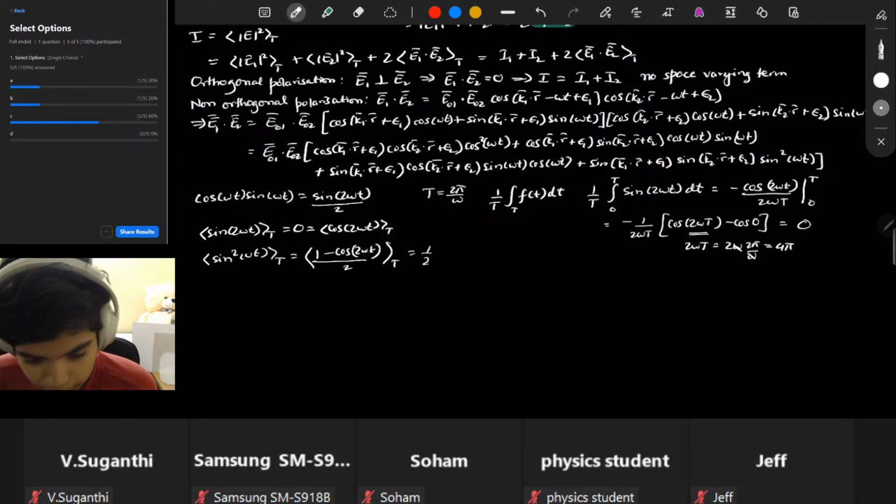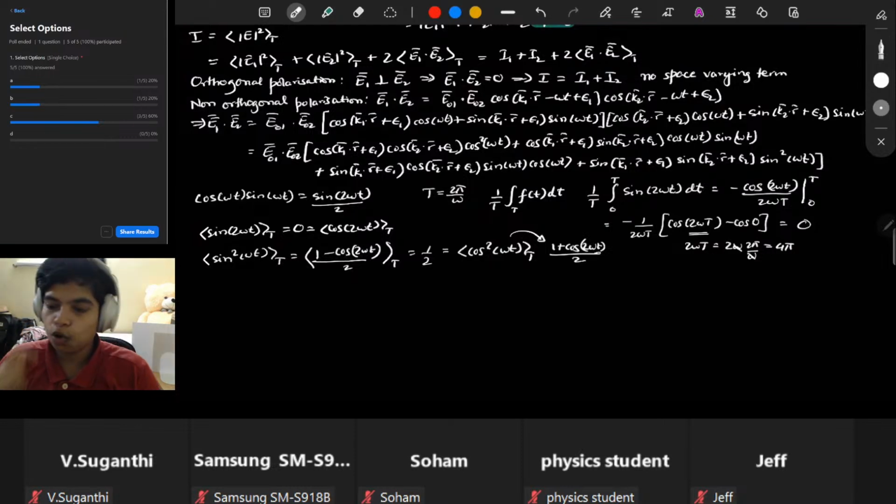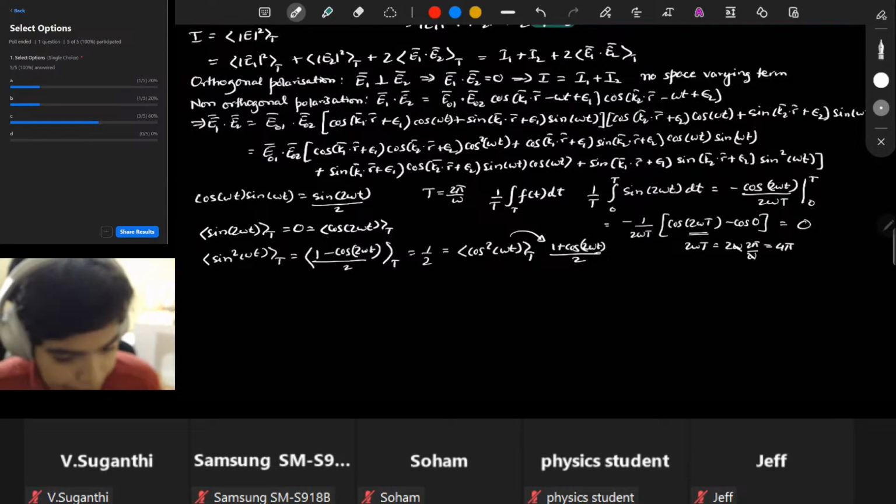This turns out to be the same as the time average of cos squared omega t. Why? Because cos squared omega t can be written as 1 plus cos 2 omega t by 2, and the time average of cos 2 omega t gives 0, so we are left with just 1 by 2.